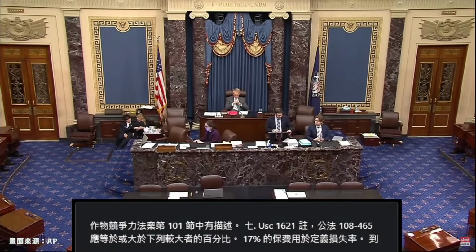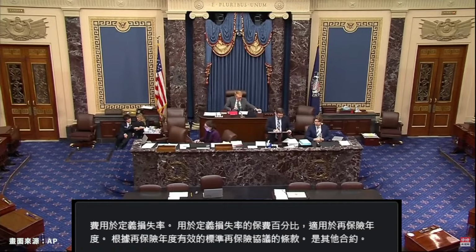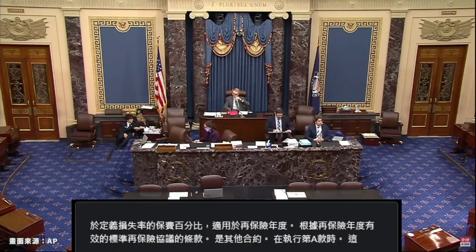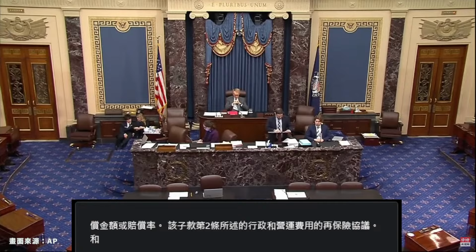B, other contracts. In carrying out subparagraph A, the corporation shall not reduce, with respect to any reinsurance year, the amount or the rate of reimbursement to approved insurance providers and agents under the standard reinsurance agreement described in Clause 2 of such subparagraph for administrative and operating expenses with respect to contracts covering agricultural commodities that are not subject to such subparagraph.